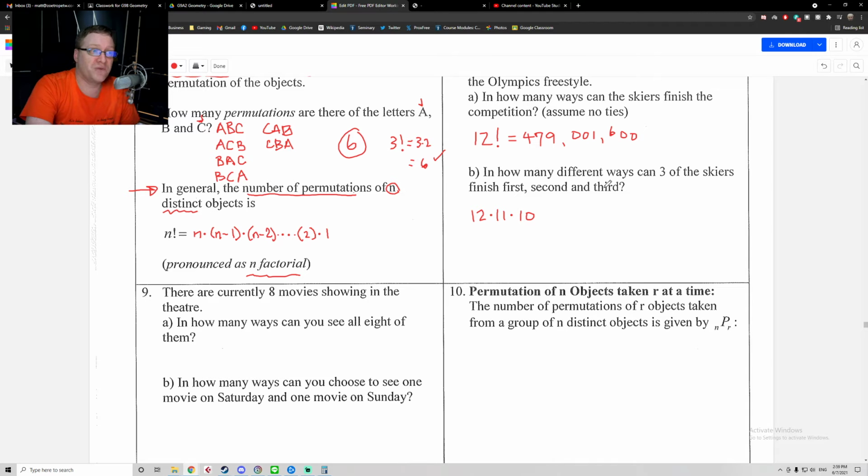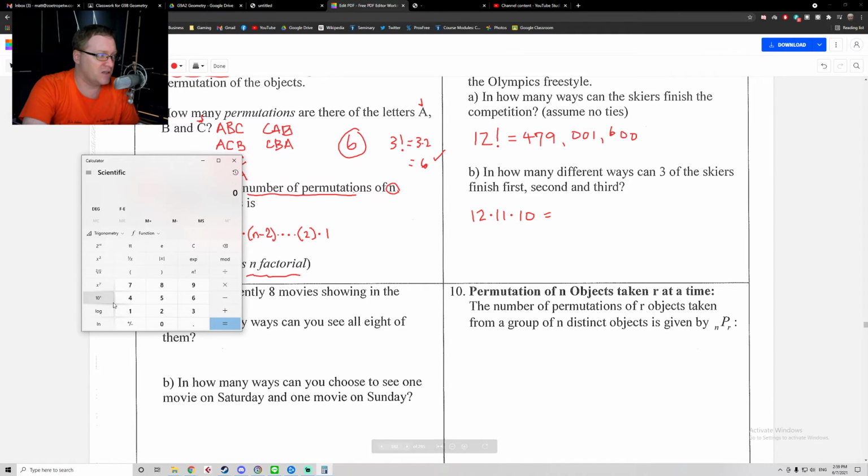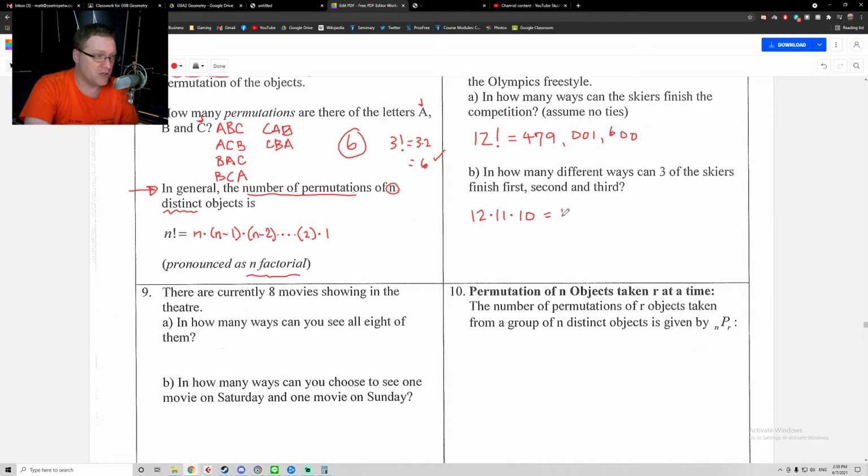So how many different ways can 3 skiers finish first, second, and third when we have 12 in total? It's 12 times 11 times 10. And if you calculate that out, you get 1,320. And that's the answer.